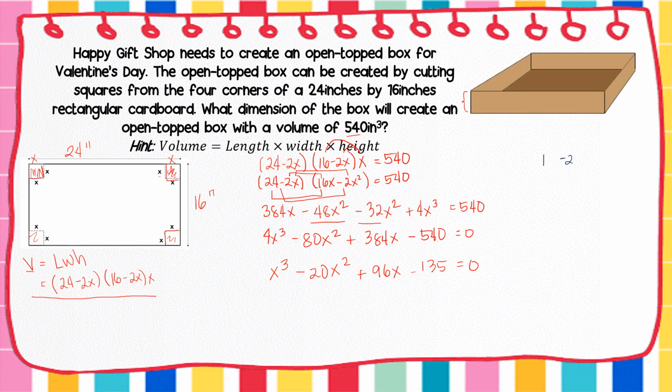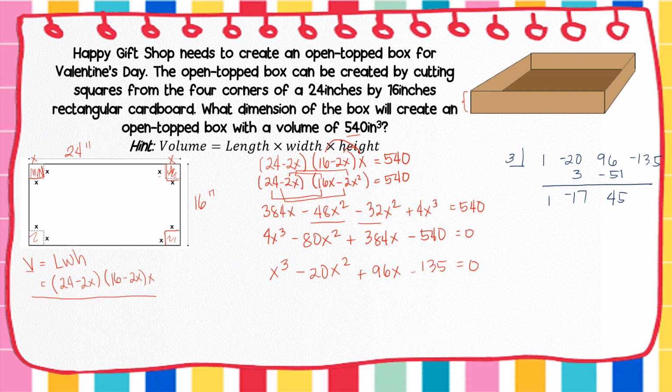1, negative 20, 96, negative 135. I'll use 3, as if I don't know the answer. 3. 1, 3, negative 17. Negative 17 times 3 is negative 51. This is 45.